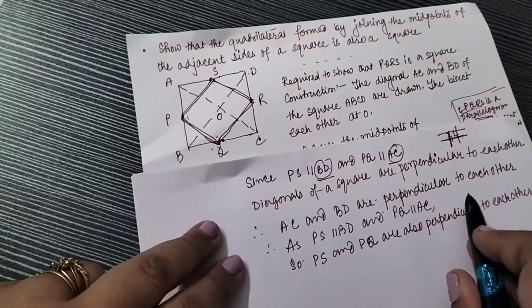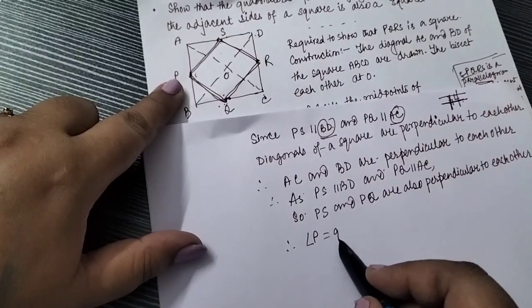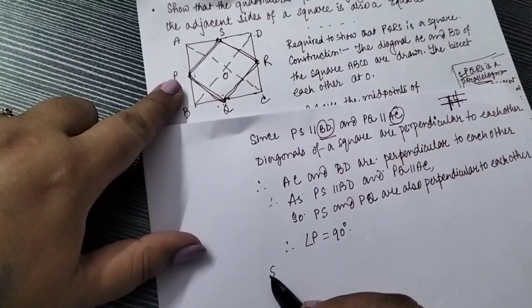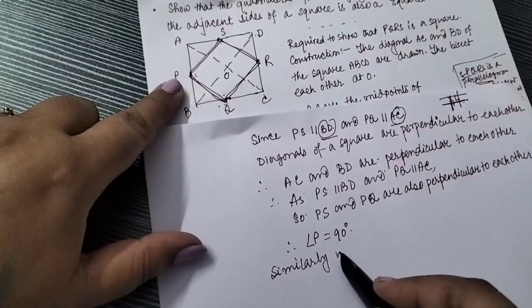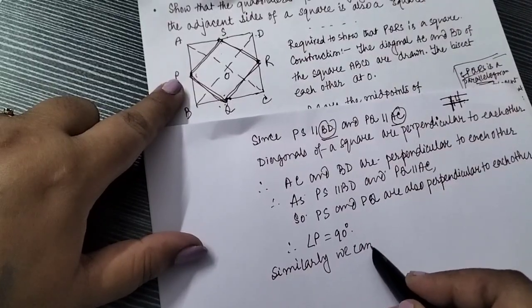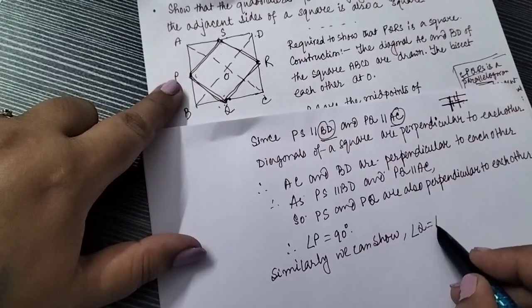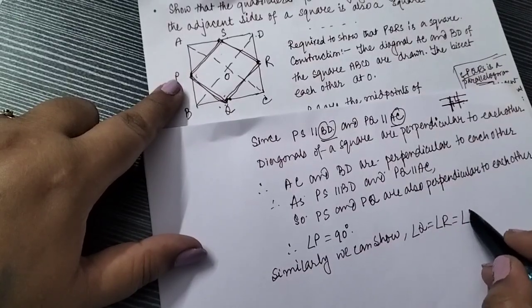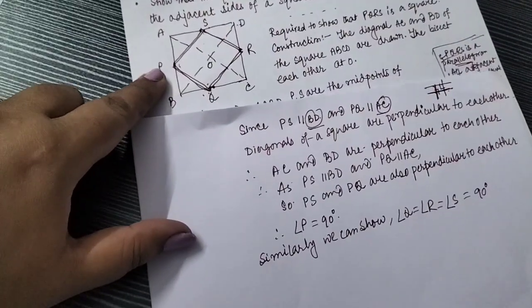That is, angle P equals 90 degrees. Similarly, we can show that angle Q, angle R, angle S, all the angles are equal to 90 degrees.